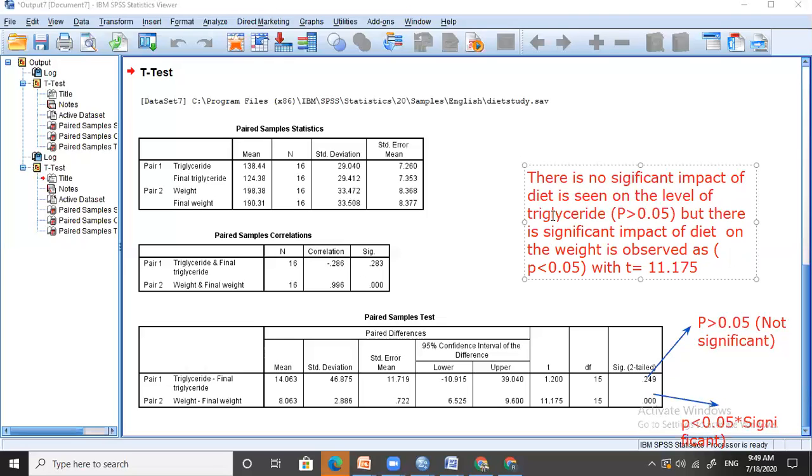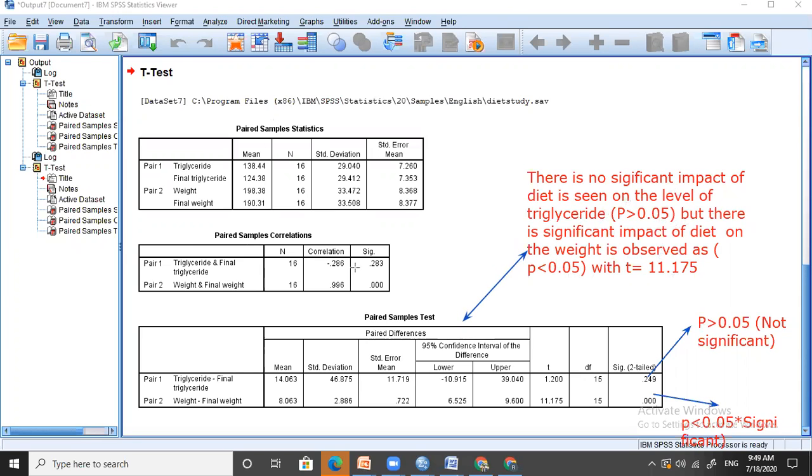So here you can make the interpretation like this, right? This is how you interpret the result.